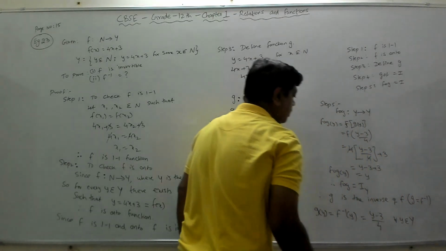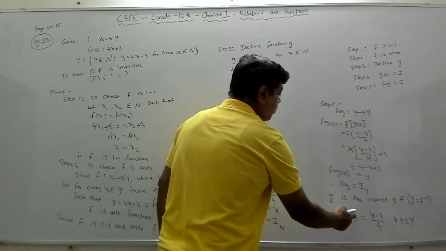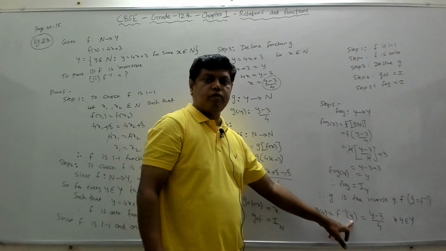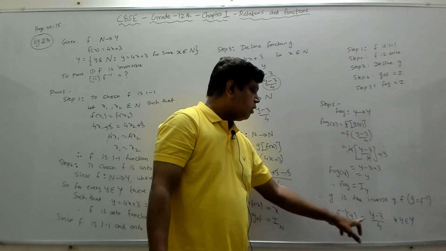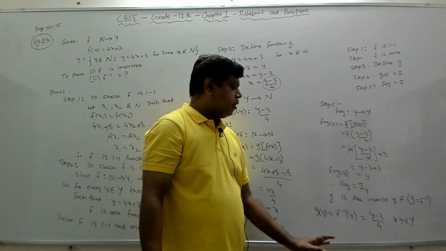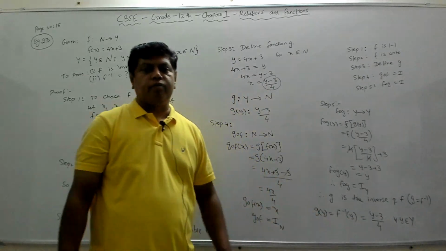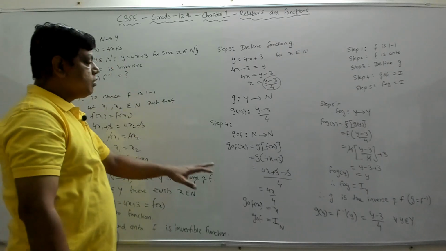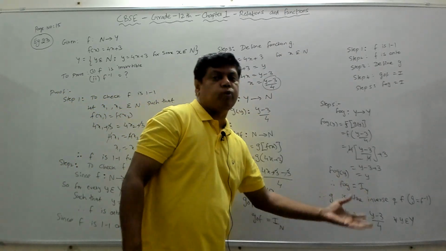That is why I am calling g of y as f inverse of y. When we talk about inverse, we put the variable as y. Even if you put x, there is nothing wrong. If you put x, you should put x minus 3 by 4. But we will follow the notation of y itself. Whenever we define the actual function, we will use the variable x. When we talk about the inverse, we use y.